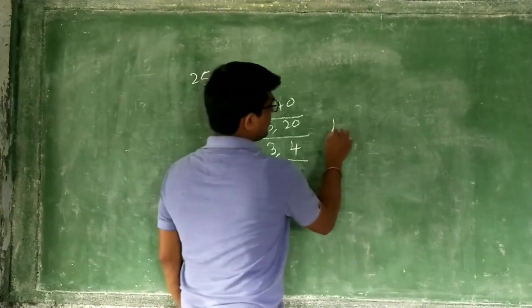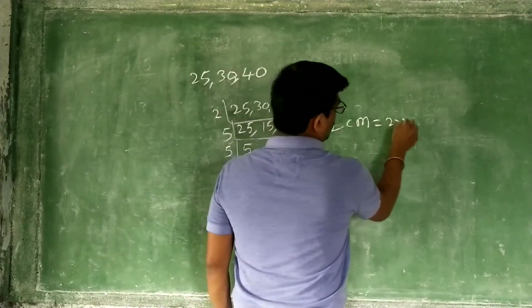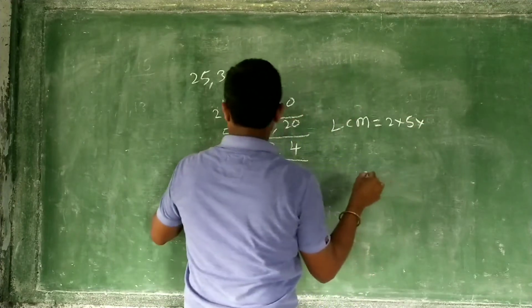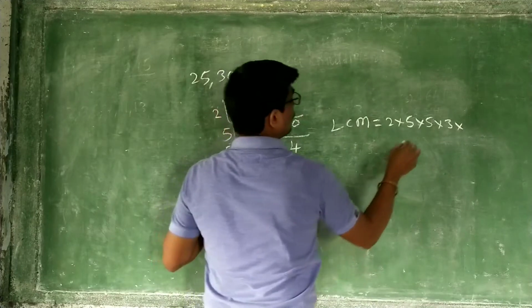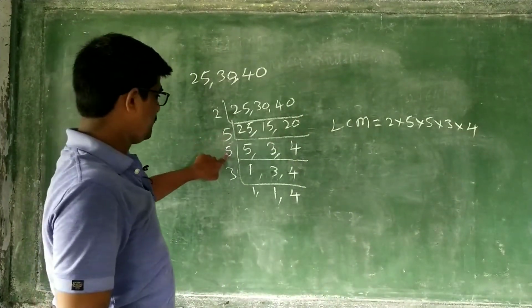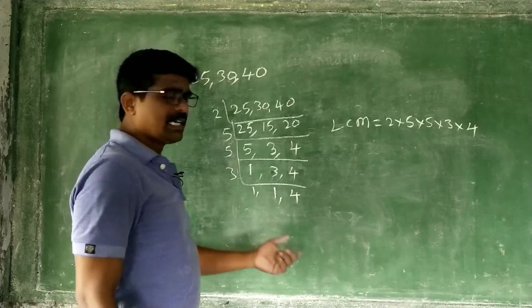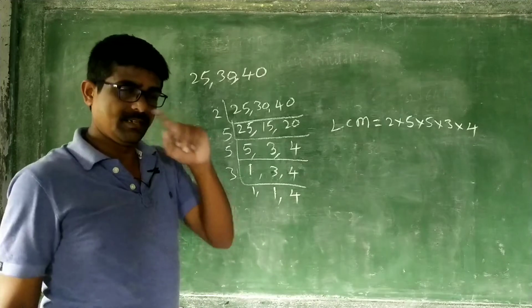Next, LCM is equal to 2 into 5 into 5 into 3 into 4. We don't write the ones, because multiplying by 1 gives the same number.